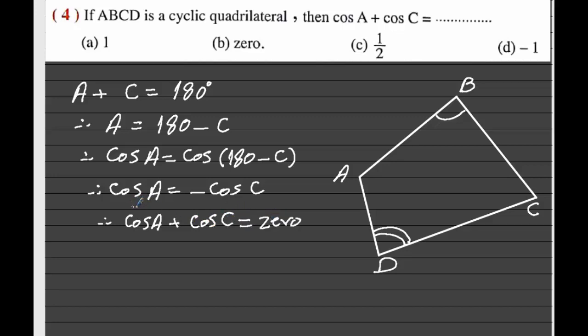Here we have cosine A equals negative cosine C, so we bring negative cosine C from the right hand side to the left hand side, and we change the sign from negative to positive. So cosine A plus cosine C equals 0. So here we complete using letter B.